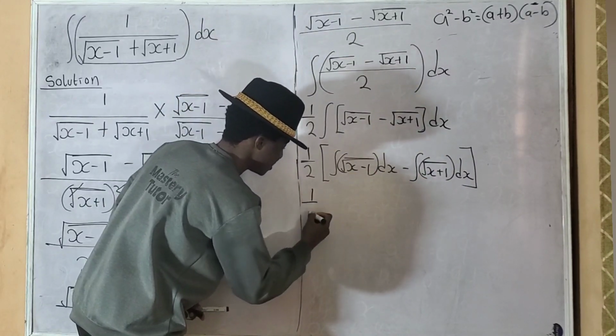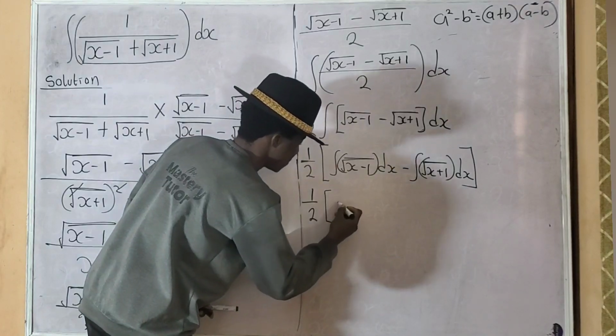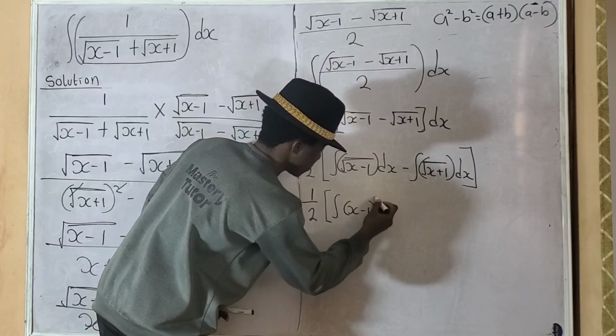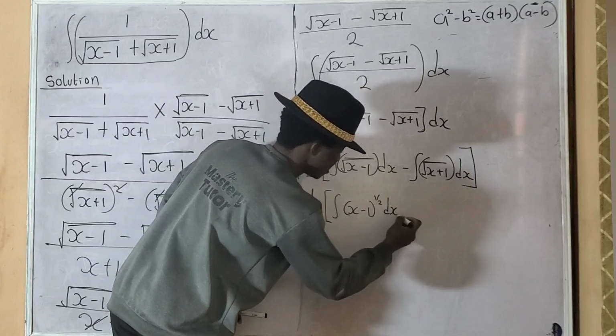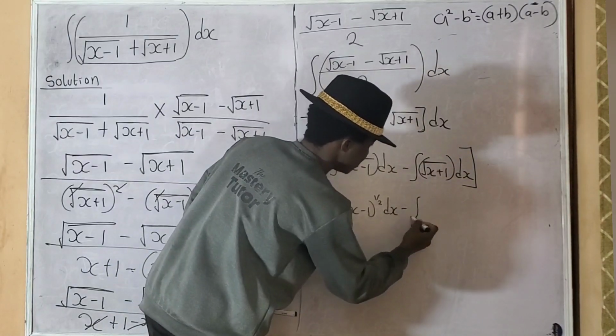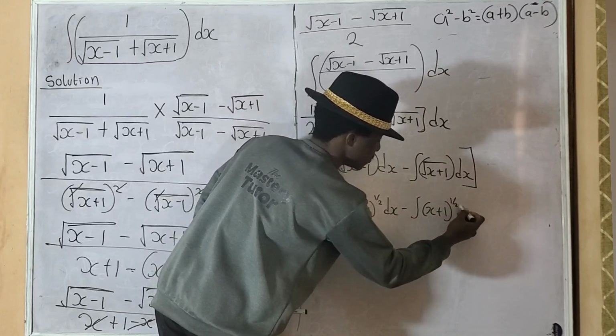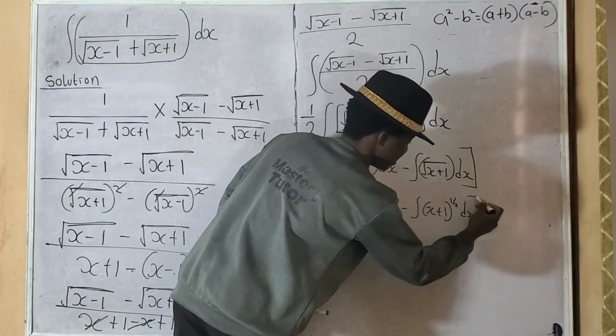First, we write the equation like this: integral of x minus 1 raised to the power of 1 over 2 dx, minus the integral of x plus 1 raised to the power of 1 over 2 dx.